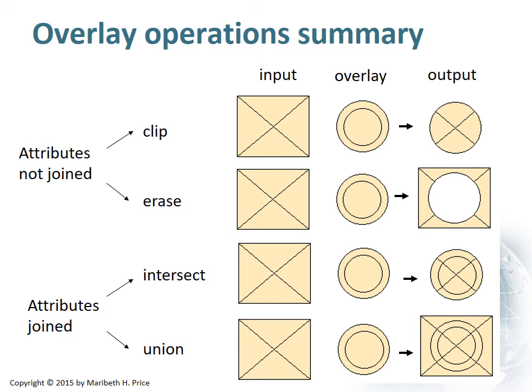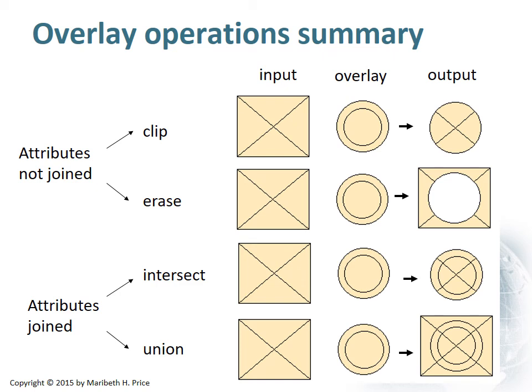When we do an intersection, we're getting all of the common information between the inputs. In this case, they're both polygon inputs, so we get the intersection of the polygons at the smallest of the polygon inputs. The one that covers the least amount of area is going to be what we get out, and we're going to get all of the data from the input and the overlay data sets with that.